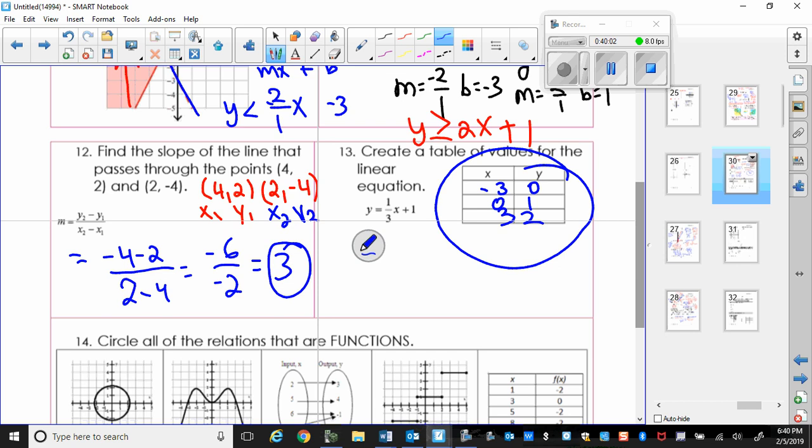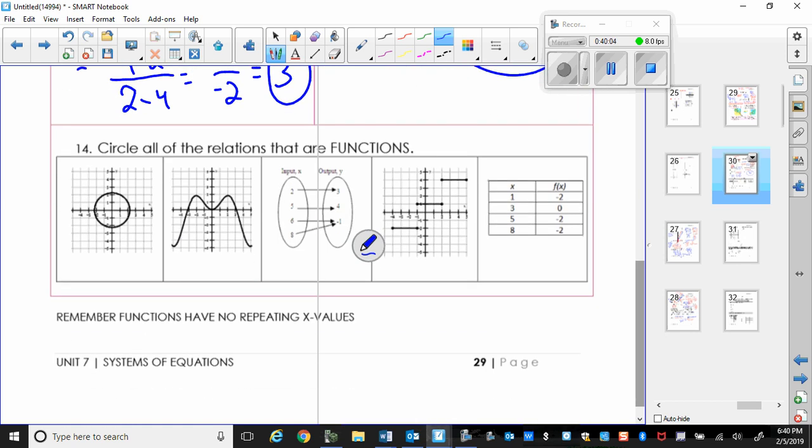All right. Number 14, it says circle all of the relations that are functions. Remember, functions have no repeating x values, and they do not touch vertical lines in two places. So here's a vertical line. Here's a vertical line.